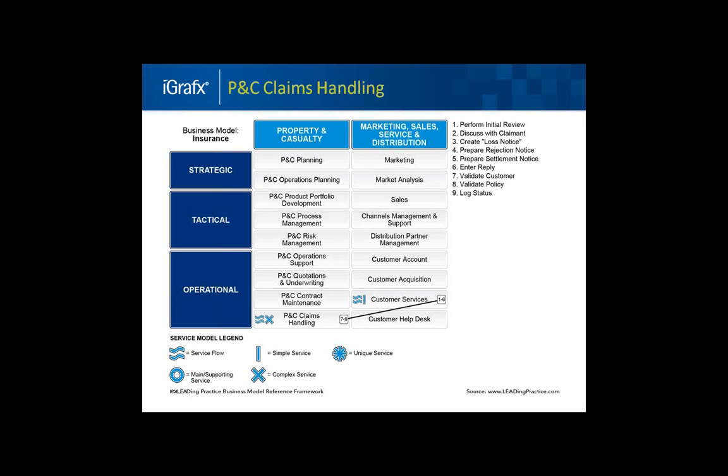This is a complex service because I start to validate the customer, validate his policies, and log the status of the work that is done and how it has been working the claim. There is a service flow between this and our whole property and casualty operations support. What does operations support do? They perform detailed review.